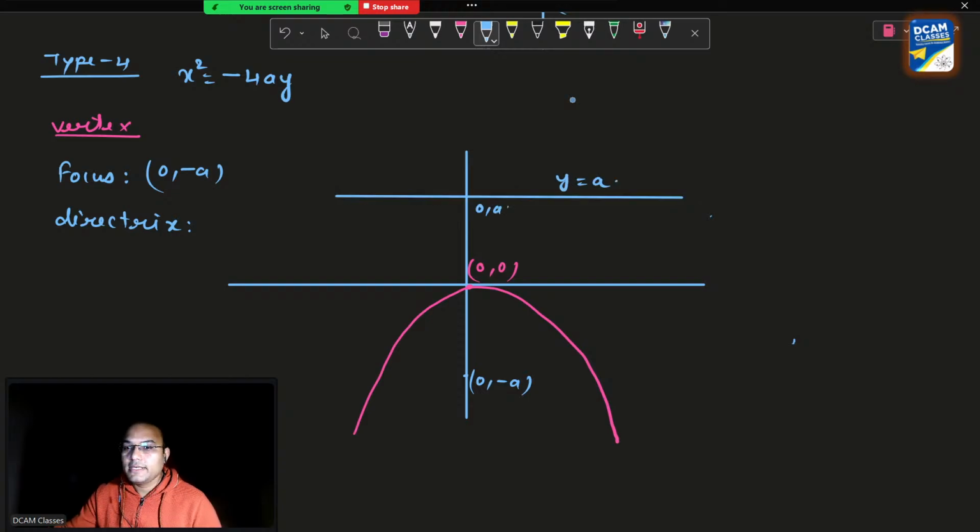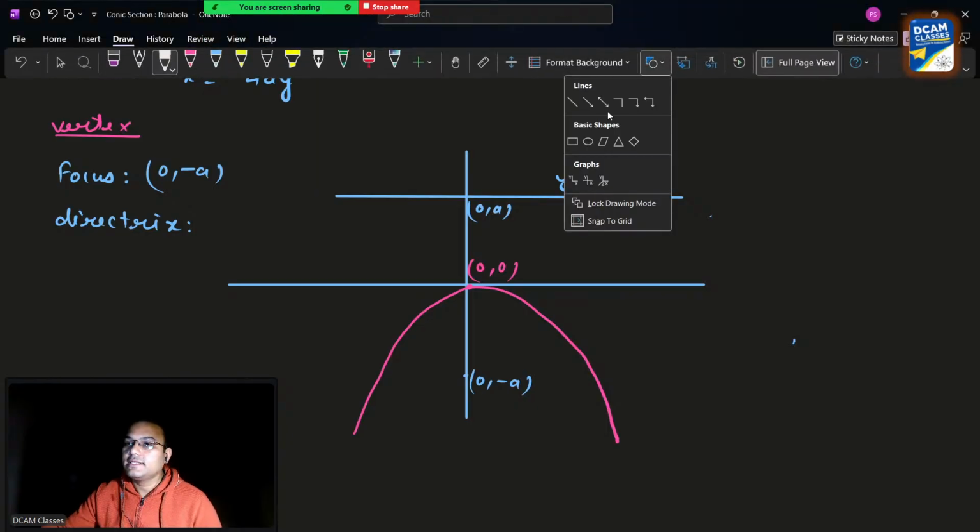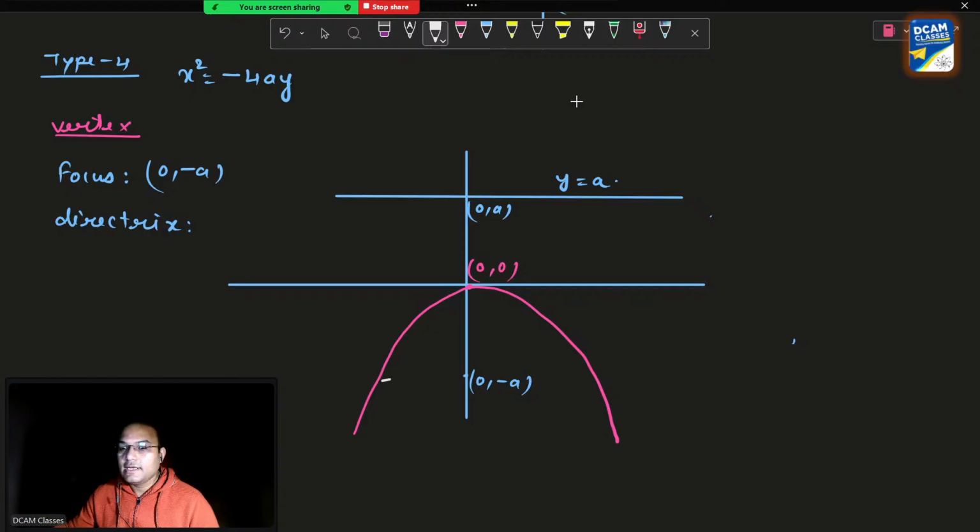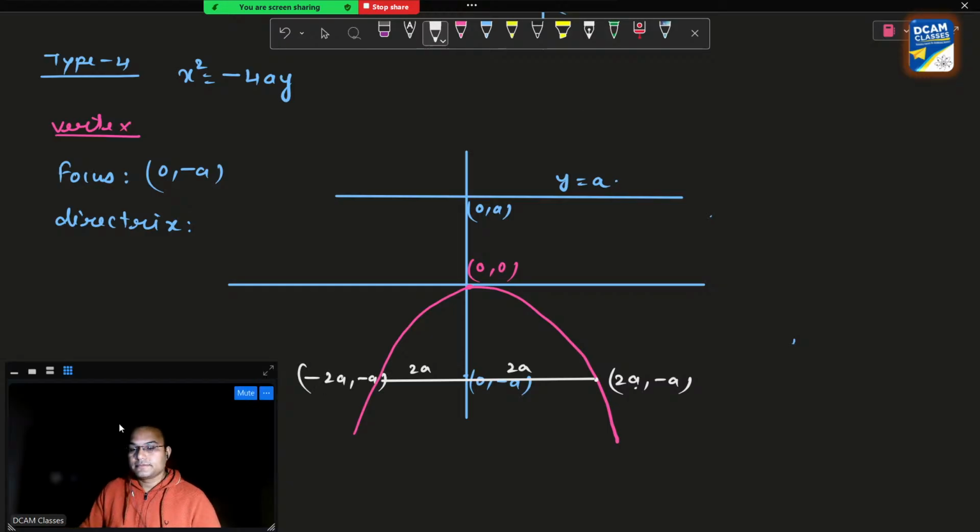This is 0, a, where it's cutting. Again, the latus rectum will be the same thing. The length always remains the same. This is 2a, 2a. So the points will be 2a comma minus a, and minus 2a comma minus a. A and B.